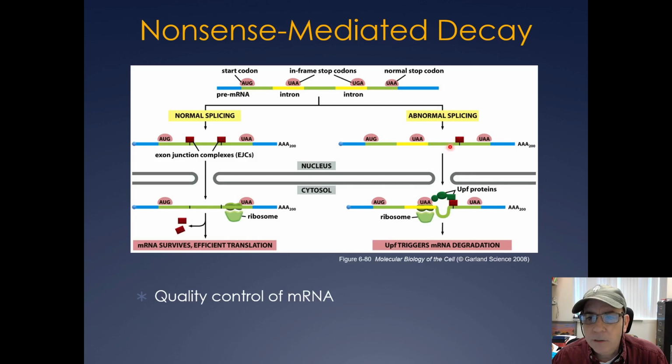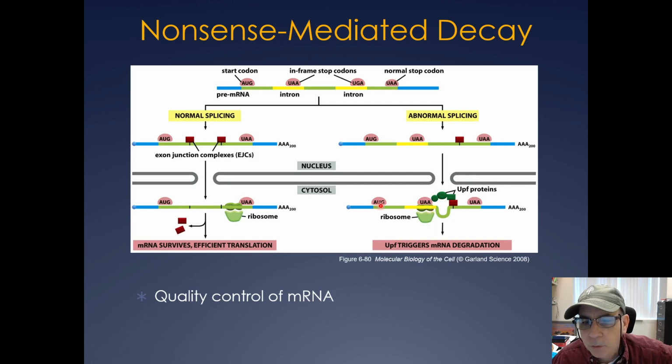Now, in the case of abnormal splicing, occasionally the intron is going to have a stop codon. In this case, it's UAA. If that's inadvertently exported out, there won't be a proper exon junction complex.